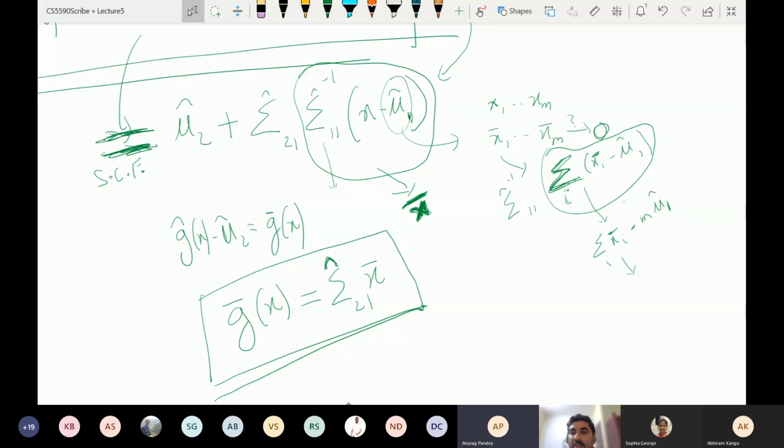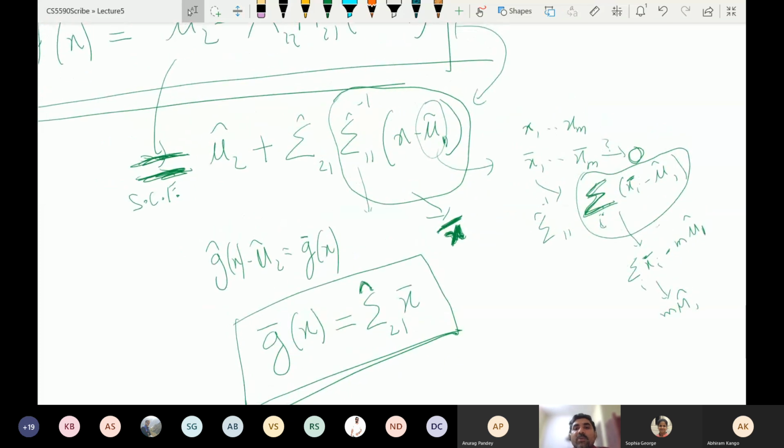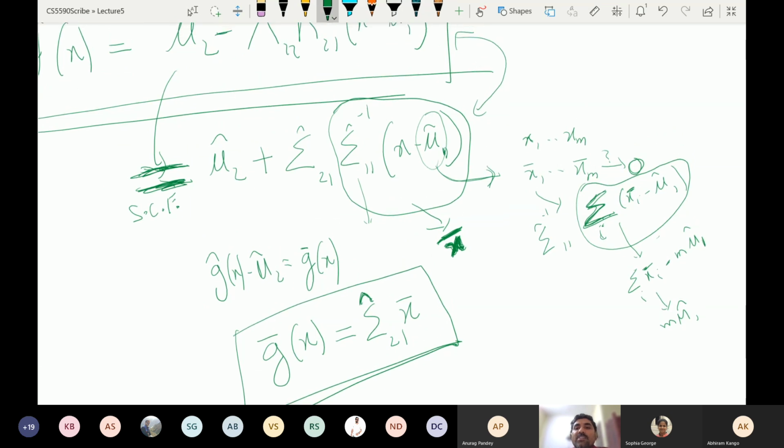M times mu1 hat, that's all, right? So it will be 0, right? So what am I doing here? I am doing a mean subtraction, so I am making the mean 0. And can anybody tell me what will be the covariance of these terms? It will be identity because of this term. You can go home and check.